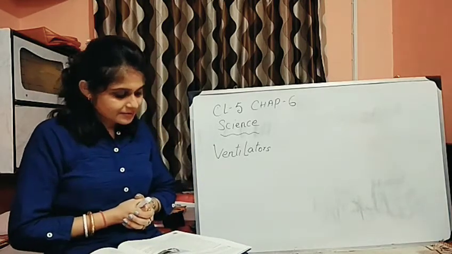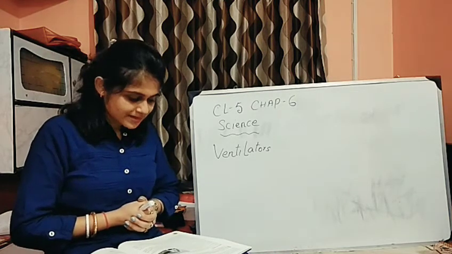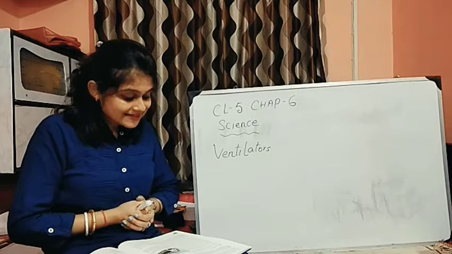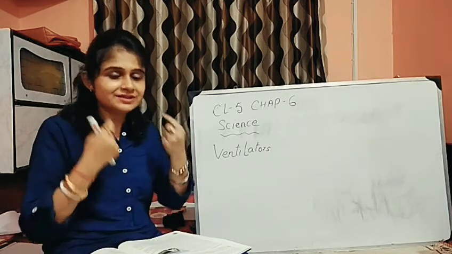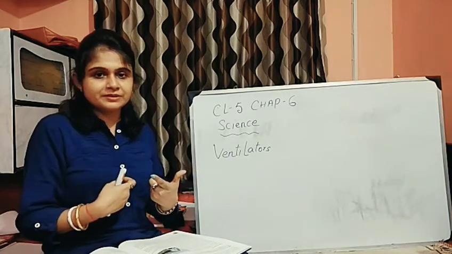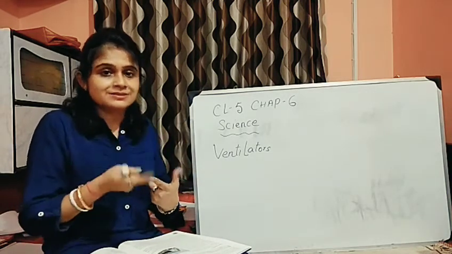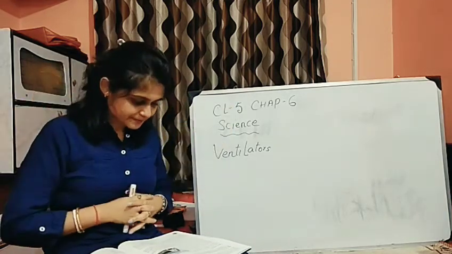Also, the air that we breathe out or exhale is warm and impure as it is rich in carbon dioxide. This is another vital reason. We breathe out the warm air which is present in our body. So when that air, that is carbon dioxide, moves out through the ventilators, it moves away.